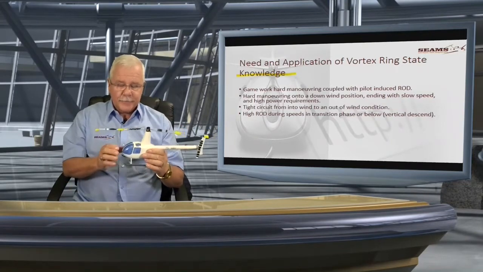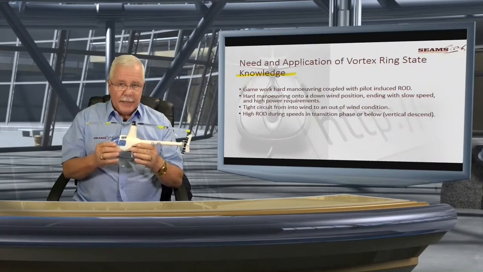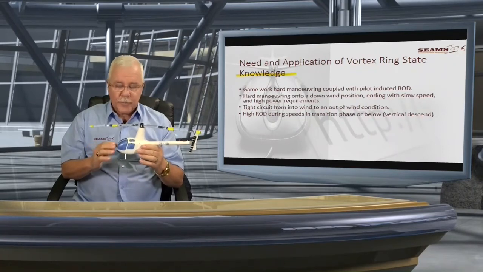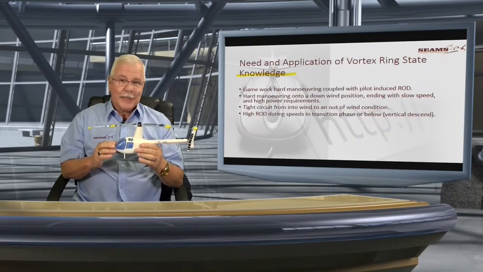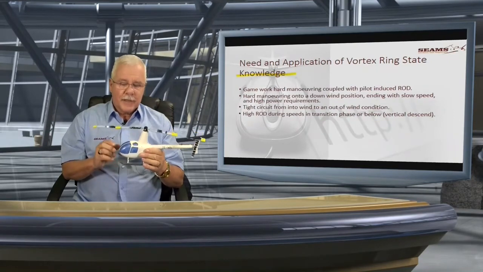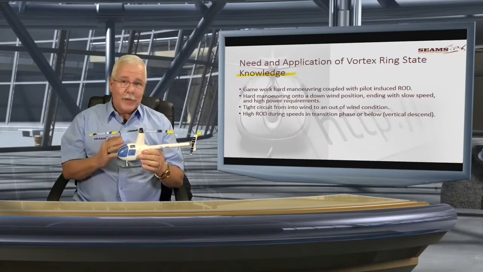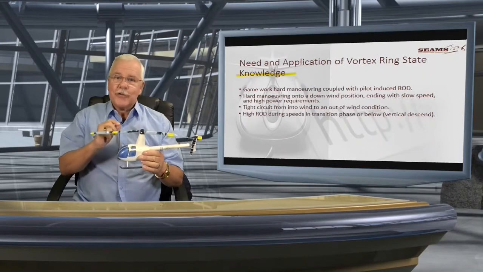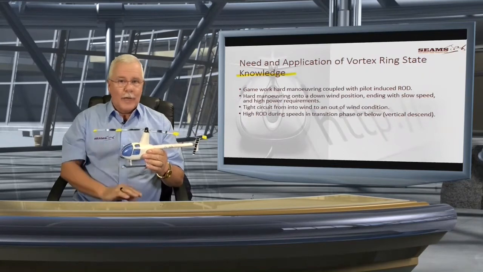Below that speed you have to keep your rate of descent in the region of 300 feet. Here, you will be forgiven up to 500 feet. When it gets to about 800 feet, there's going to be no more forgiveness. So remember, this is not a game. You have to know where you are, and you have to know the consequences of what you're doing so that you can apply the remedy well in time.